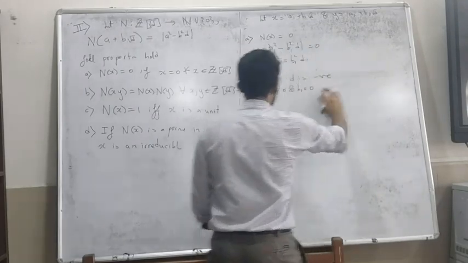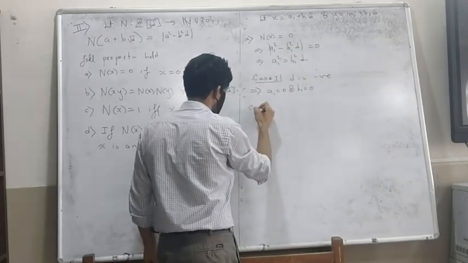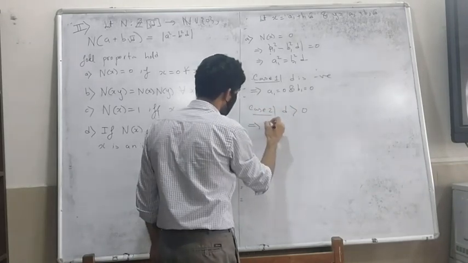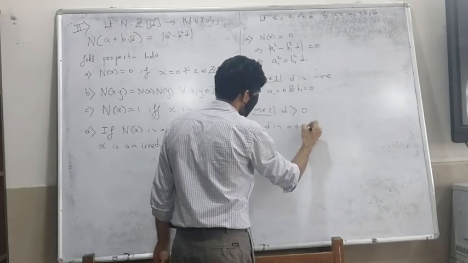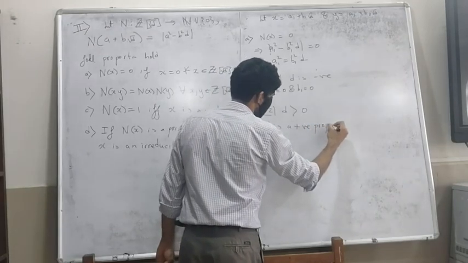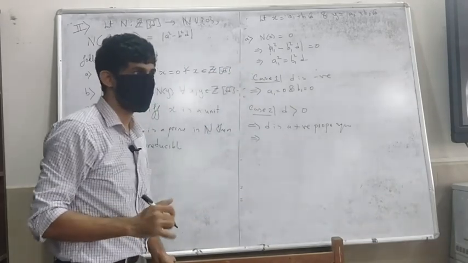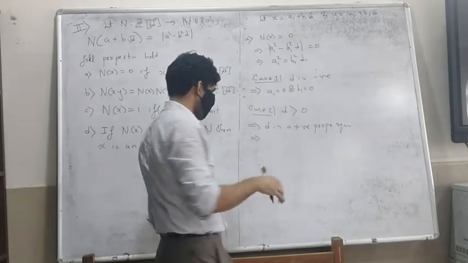I don't want to write the reason, you can write down the reason. Case 2, d is positive. This will mean that d is a positive non-square, which means that first of all d cannot be 1 because 1 is a proper square.